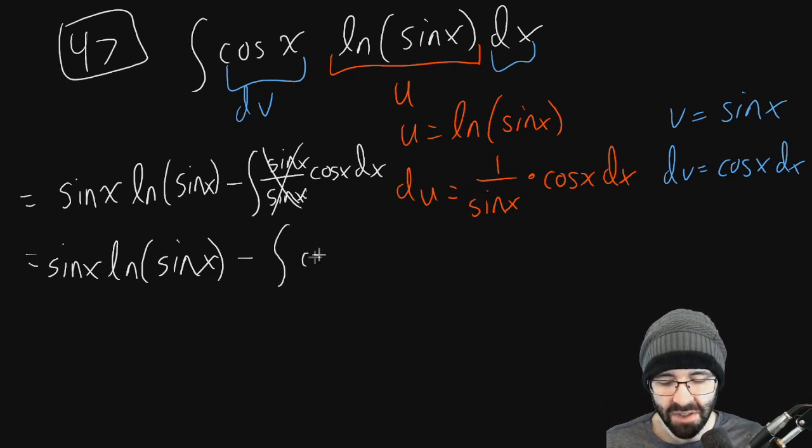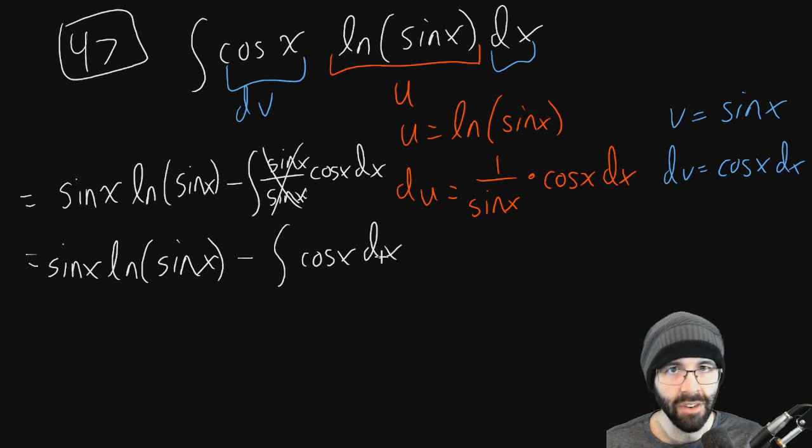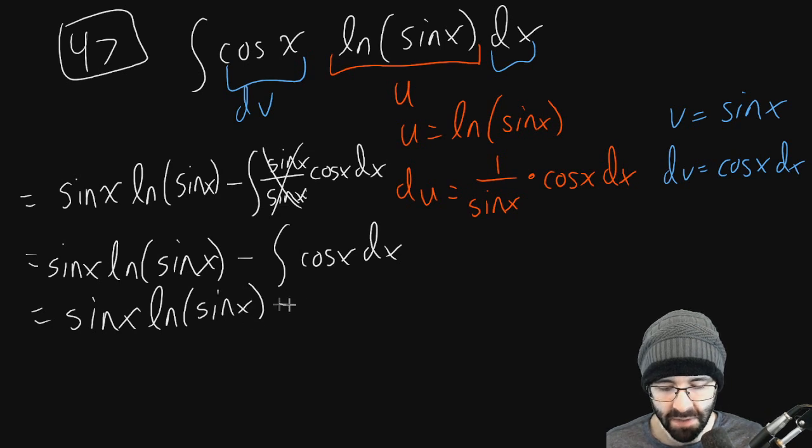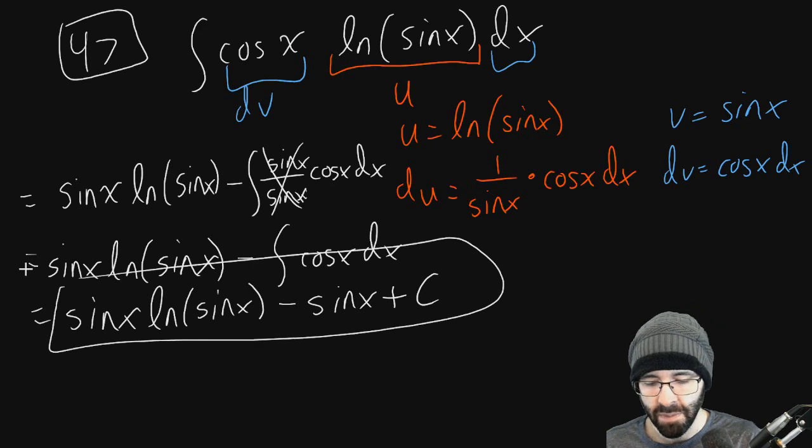Minus just the integral of cosine of x dx. Antiderivative of cosine is sine. Yeah, not too bad at all. And we can check our answer by taking the derivative.